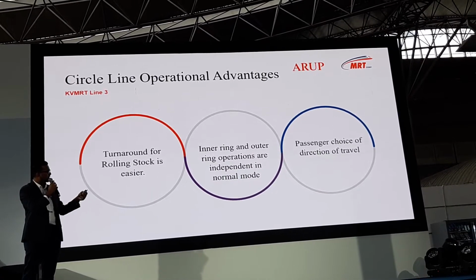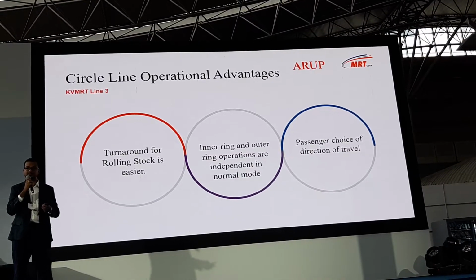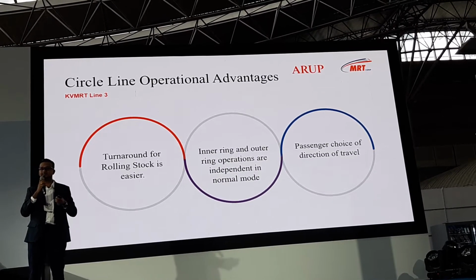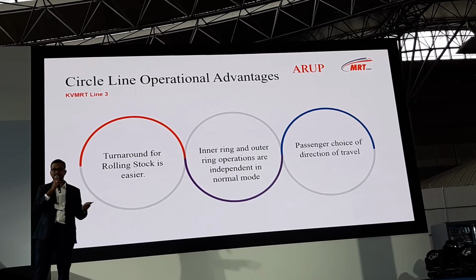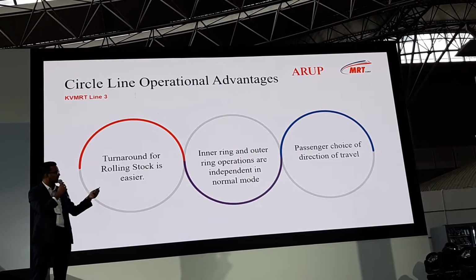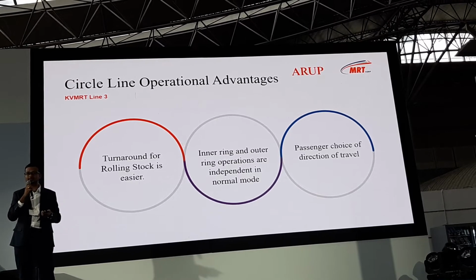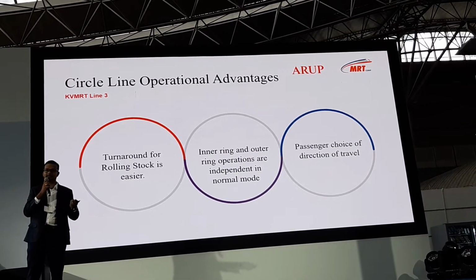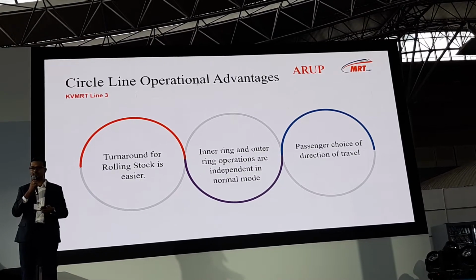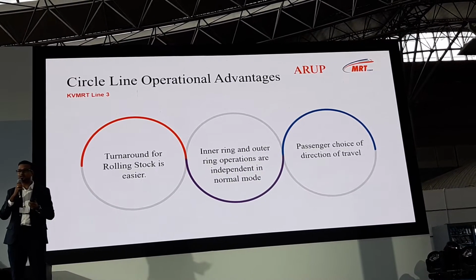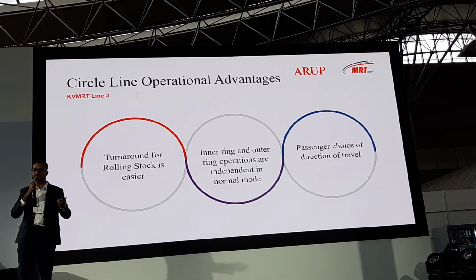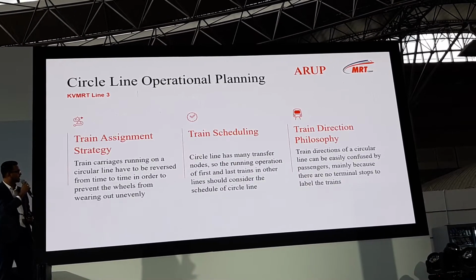The inner ring and the outer ring operations are independent, as the OD pairs for both are similar and can be achieved in both directions, whether anti-clockwise or clockwise. Passengers also have their own choice of travel, whether to take a longer route or a shorter route to their preferred destinations. These are some high-level comparisons between the radial line and the circle line.